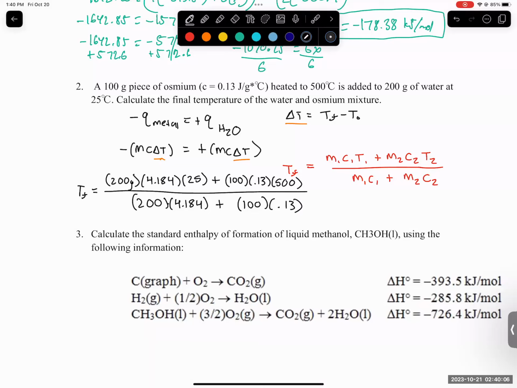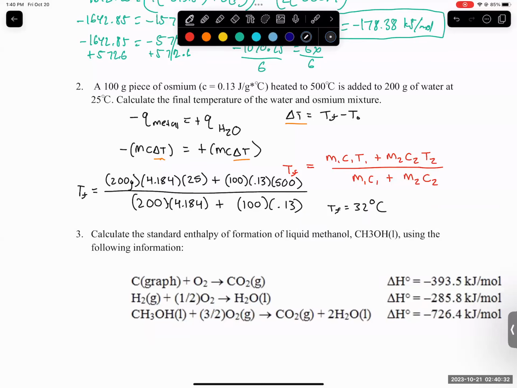And what did y'all get if you put this into your calculator? 32 degrees Celsius. Is that what everyone else got? Okay. So T final is 32 degrees Celsius. You should ask yourself, does this answer make sense? When we look at osmium, osmium has a really low specific heat, and water has a very high specific heat.